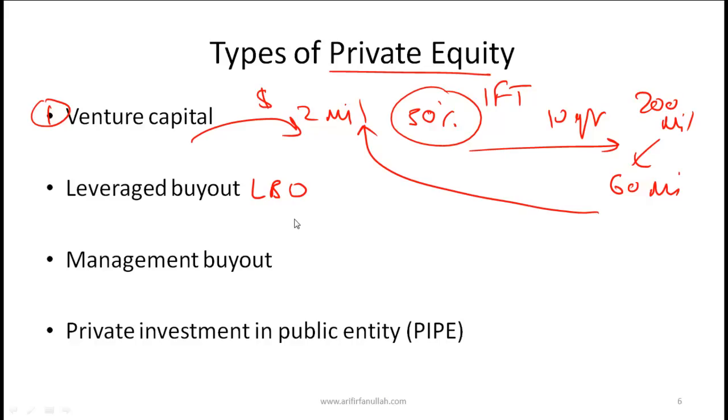So let's say you have this company called company XYZ, which is running and has a certain cash flow, and it is worth 100 million. In a leveraged buyout, a leveraged buyout company might put in 20 million of its own money and borrow 80 million, and use the 100 million to buy this company. It's called leveraged buyout because we are heavily using leverage. Remember, the 80 million was debt.